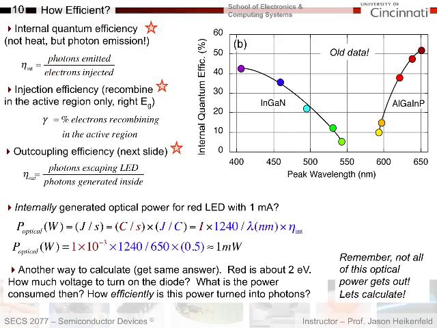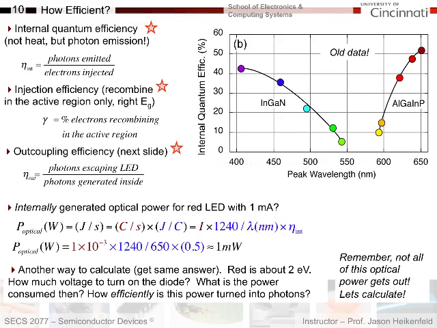So I only need to track the electrons because I assume if I inject an electron, it's going to recombine with a hole. So I'll just keep track of the number of electrons versus the number of photons emitted. That is my internal quantum efficiency. Now you can see here's a plot of internal quantum efficiency versus wavelength.